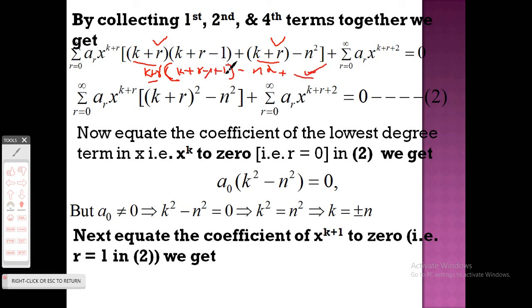Now this minus 1 and plus 1 get cancelled and we get k plus r into k plus r, that is k plus r whole square.